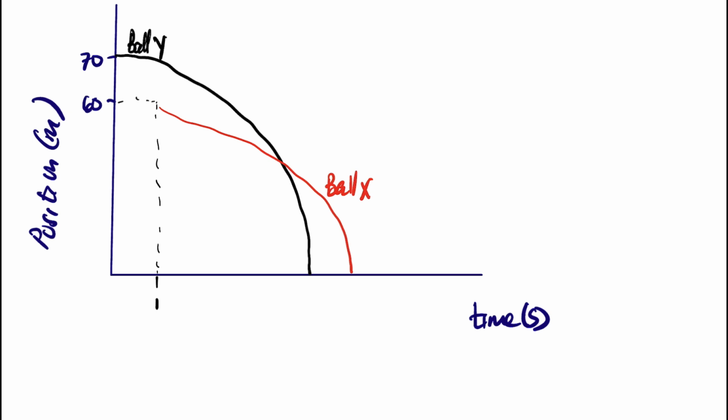Guys, this is where they met, the time they met, which is the one we just calculated, 1.16. And then this is the height where they met, which we do not know, and ball x was thrown 1 second later, so we should take that curve. Okay, whatever.